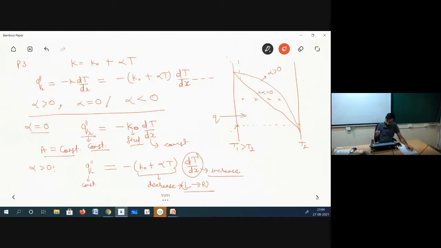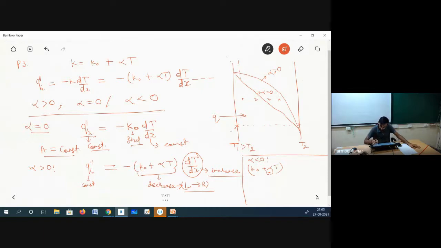Now if I consider the case of alpha less than 0, what will be happening? My K naught plus alpha t now has alpha as negative. So the alpha into t product is going to be subtracted from the value of K naught.